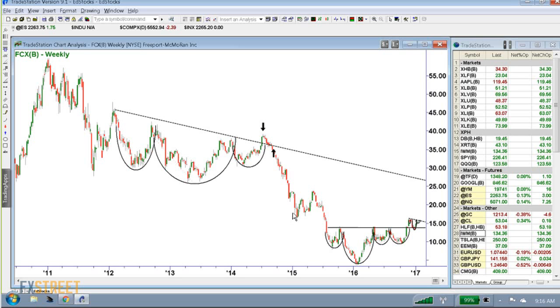But it's interesting that in this case, I will tell you this though, it's not a great example. And this is going to be for extra credit, but I want you to really think about the inverted head and shoulder that failed and this one here that we're looking at now.